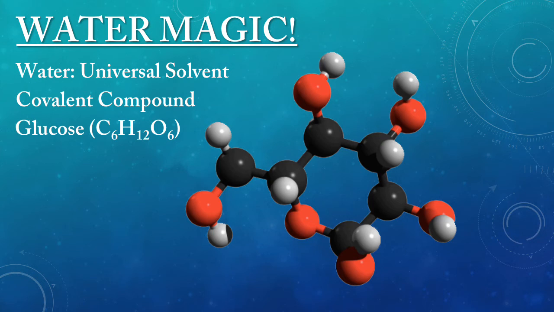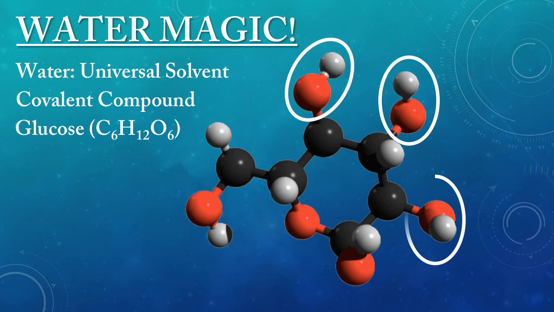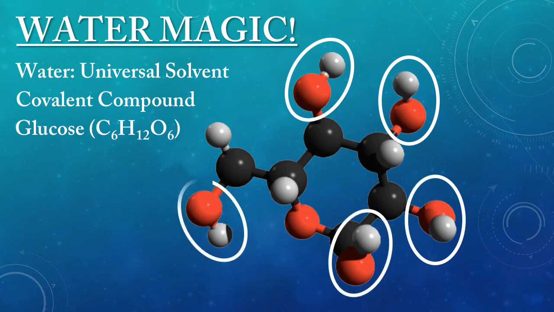Now, I want you to look at something, though. I'm going to circle a bunch of things on the end of this glucose molecule. And it happens that there are 5 things that should look kind of familiar. We have an oxygen with a hydrogen. And just like in water, that oxygen and hydrogen are acting as a polar part of this glucose molecule.